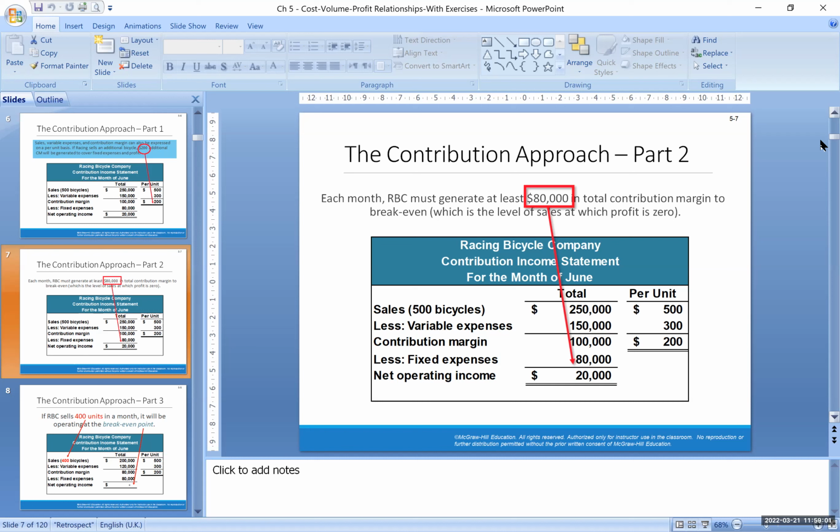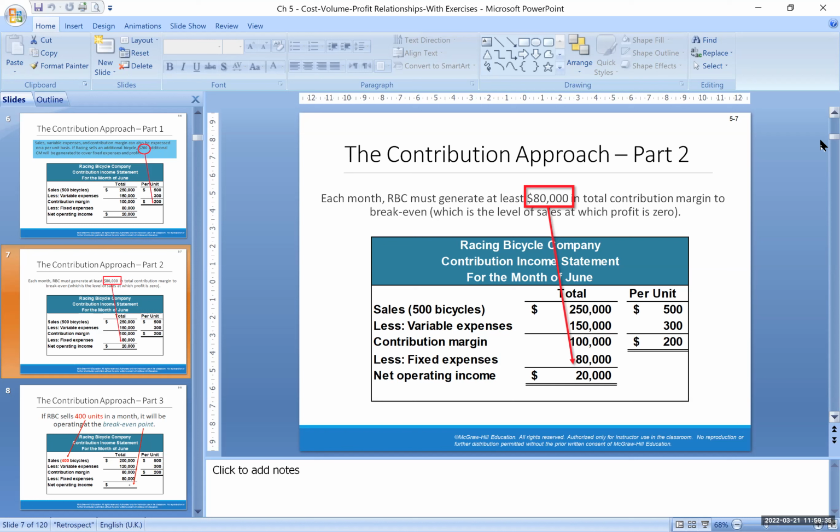What is the point at which the net income will be 0? It means the contribution margin should cover and equal the total fixed cost. So at least I need $80,000 in contribution margin to cover the $80,000 of fixed expenses. This means that the net operating income for the company will be 0, which means the company is at break even.